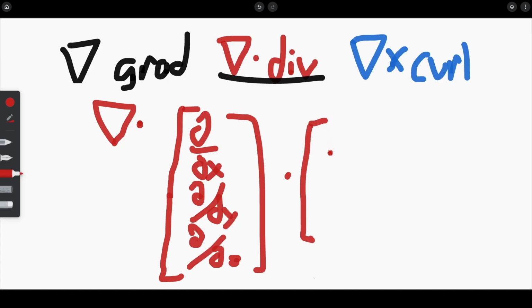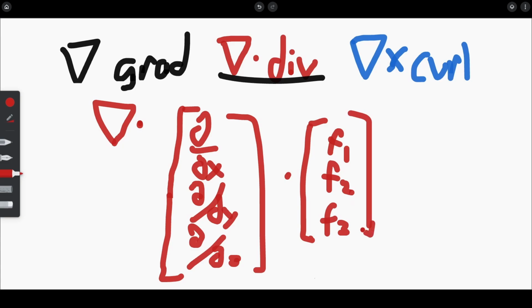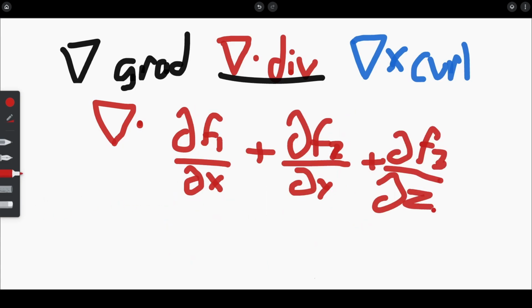You know how to take the dot product. It's easy. Of f1, f2, f3. And it turns out the divergence is just partial f1 over partial x, plus partial f2 over partial y, plus partial f3 over partial z. That's it. Very easy to compute.